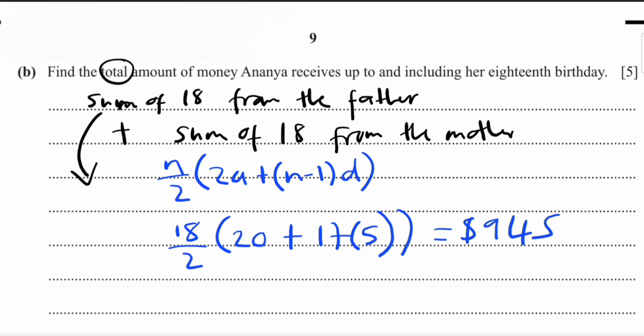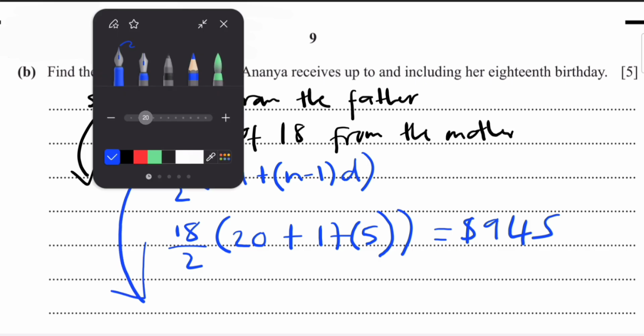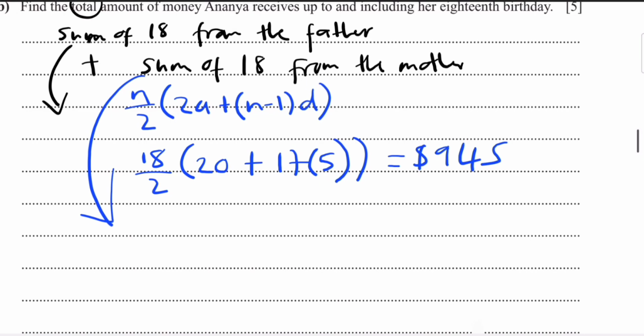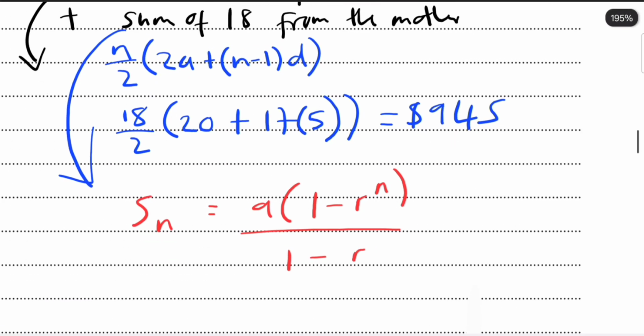right? And for this one now, we are going to say sum of 18 using the sum of n terms, which is a times 1 minus r to the n over 1 minus r.